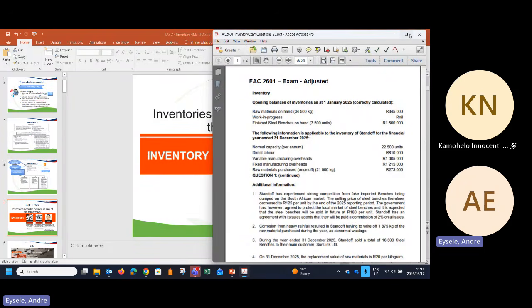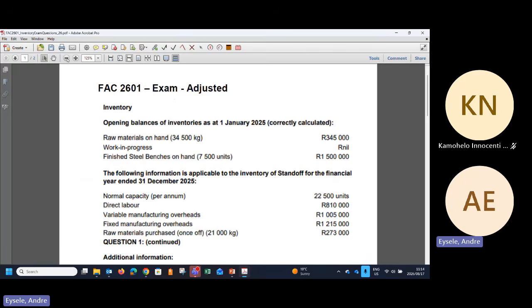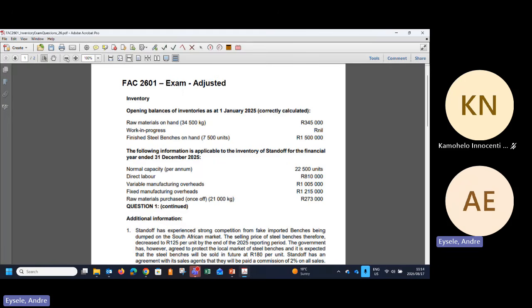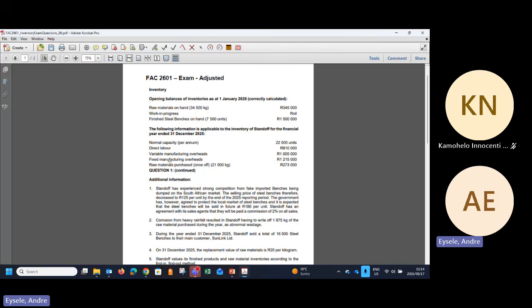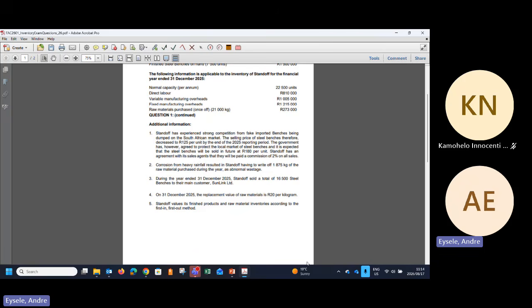Okay, this is an example that was asked in the semester 1 exam. Let me just minimize it a bit. Hopefully it's still visible. This is something that was asked in the previous semester, I believe for 25 marks.